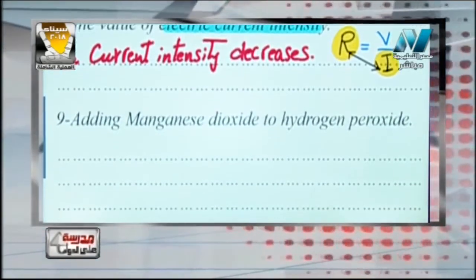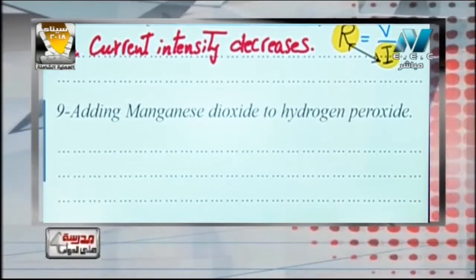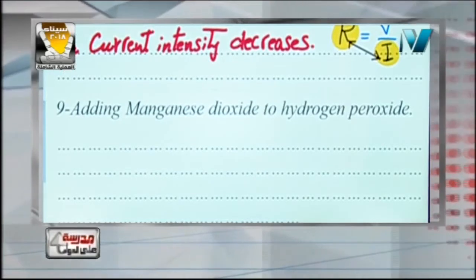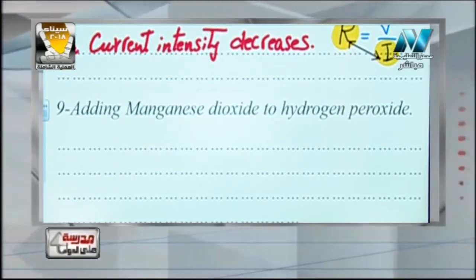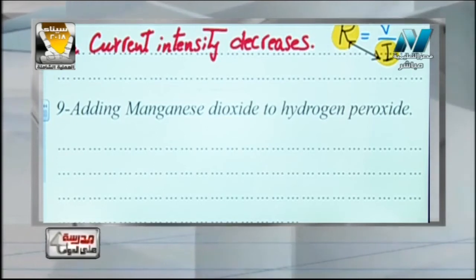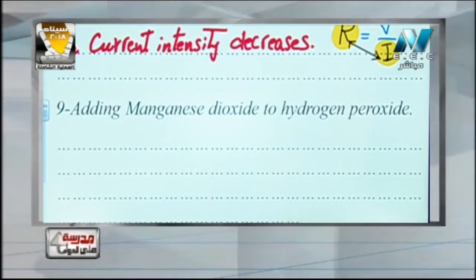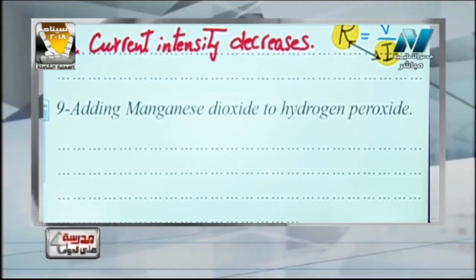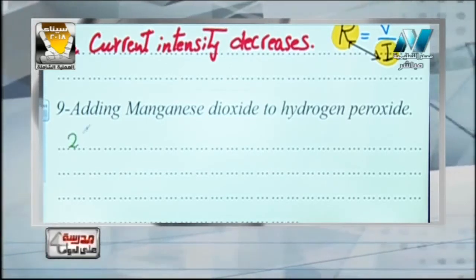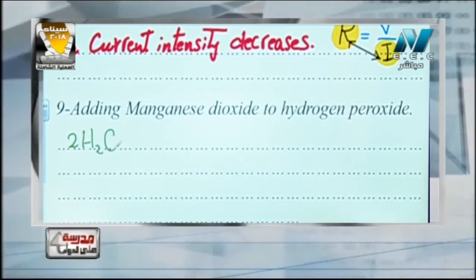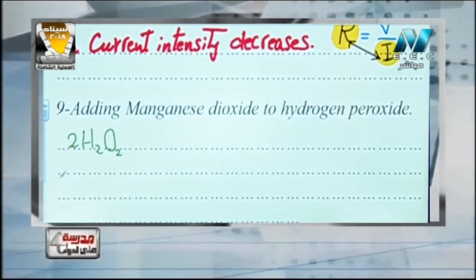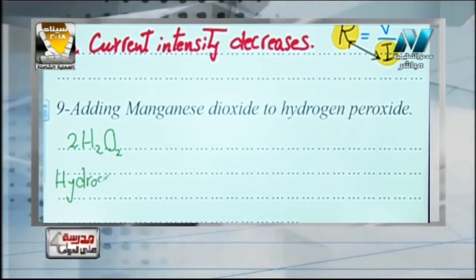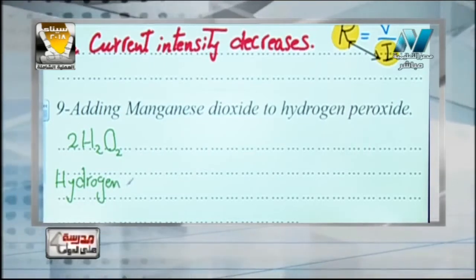Next question is adding manganese dioxide to hydrogen peroxide. What happens when? We can explain the reaction of hydrogen peroxide by using the chemical equation, as we have 2H2O2, because we talk about hydrogen peroxide.